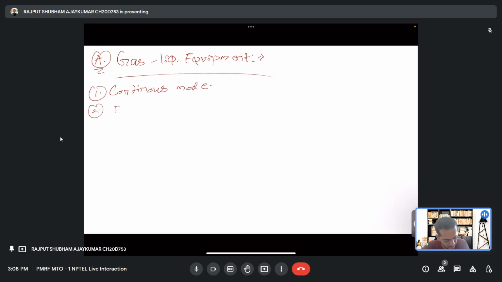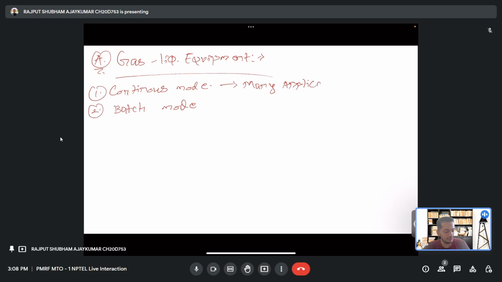Second is batch mode. The continuous mode of gas-liquid equipment has many applications in terms of refineries, petrochemical industries, as well as in semi-batch industries. So it has many applications.